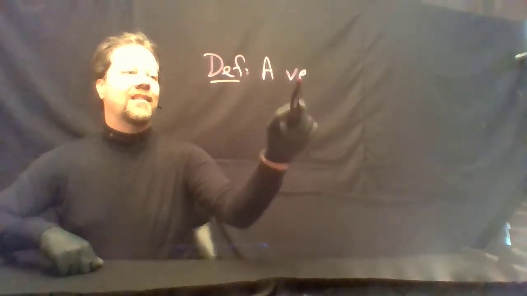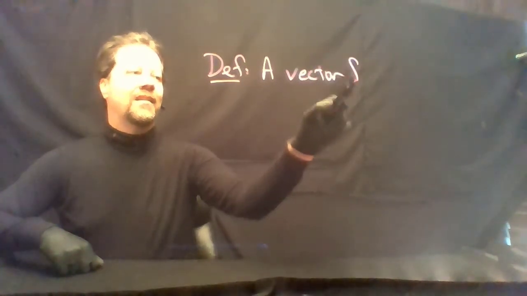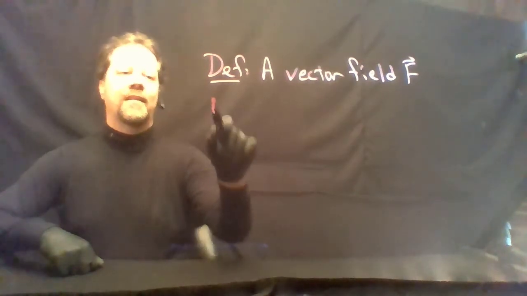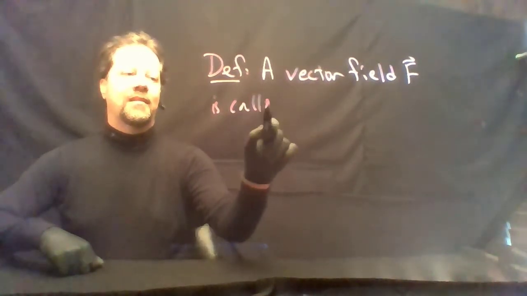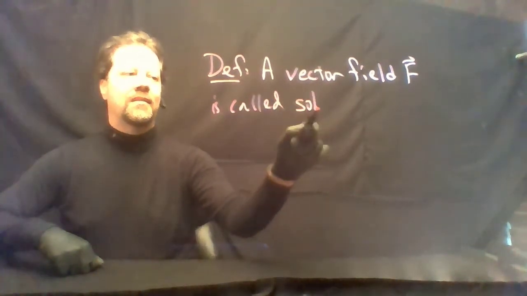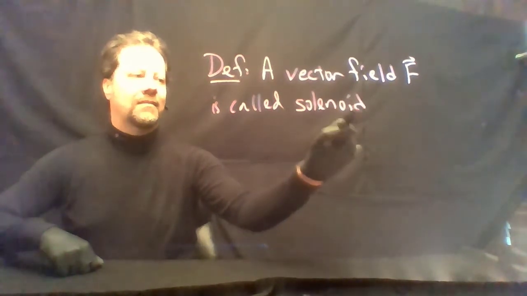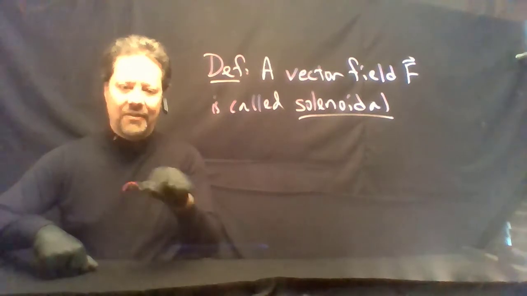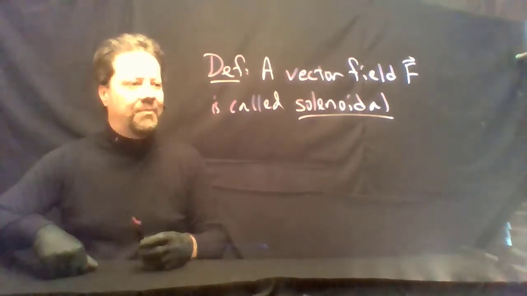Is there an opposite to irrotational? Sure. A vector field F is called solenoidal, similar to a solenoid, which is a coiled-up-foil electrical component.